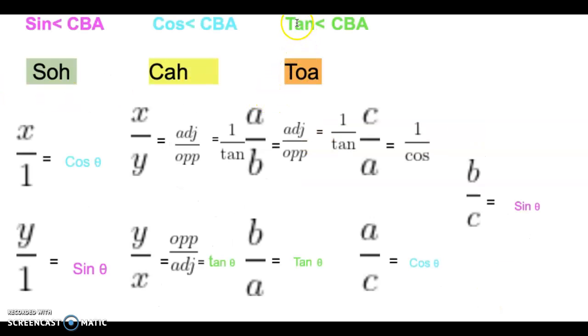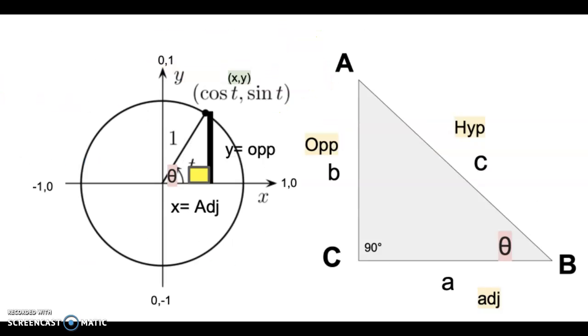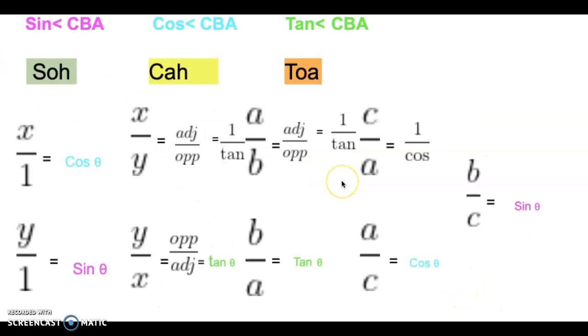And tan is opposite over adjacent. Throughout this video, you'll be learning how to figure out which expressions are equivalent to sine, cosine, and tangent. So let's begin.